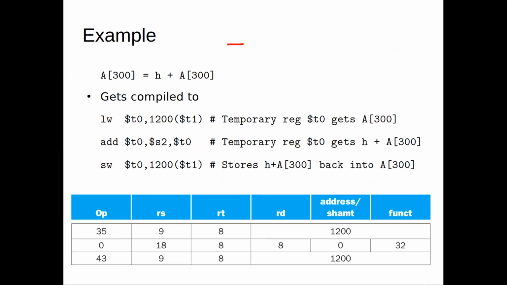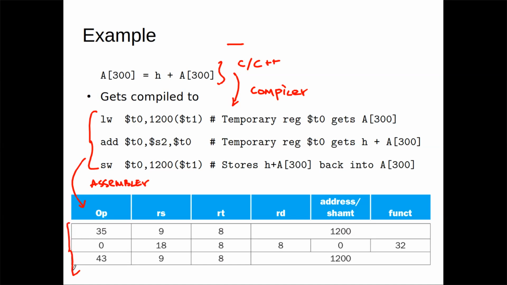Okay, and this is what the assembler does. If you write this in C or C++, the conversion to assembly code is typically done by a compiler, and the conversion from assembly to machine code is done by the assembler. This is what the assembler will generate in memory.